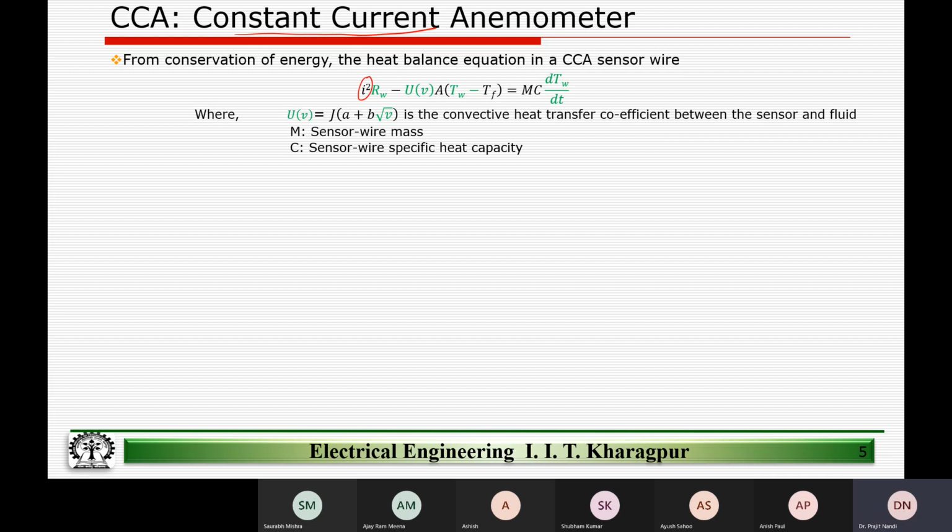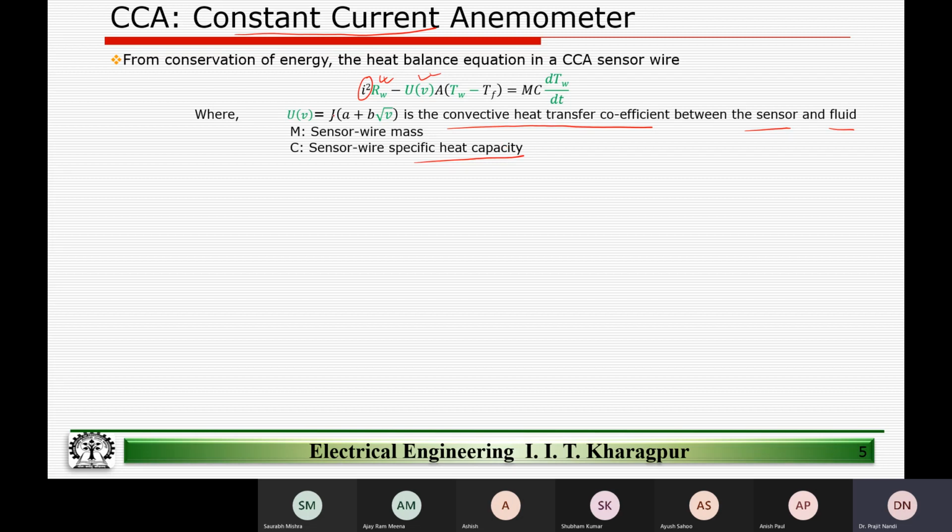So the current is kept constant, and RW is supposed to vary. UV is nothing but the convective heat transfer coefficient between the sensor and the fluid. It depends on a few things like the sensor wire mass and the sensor wire specific heat capacity.